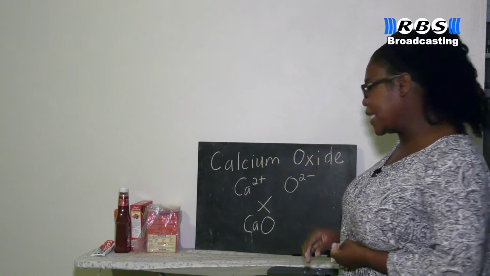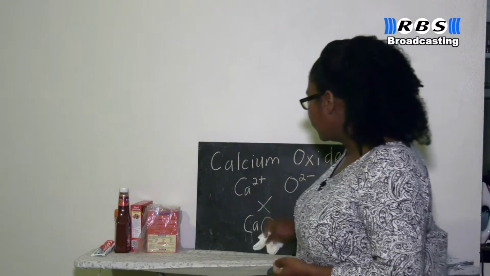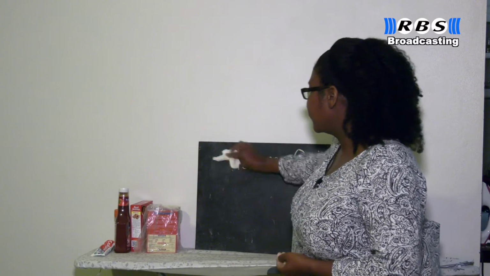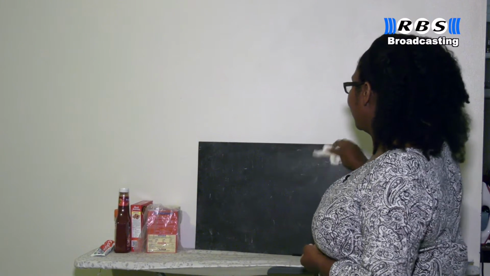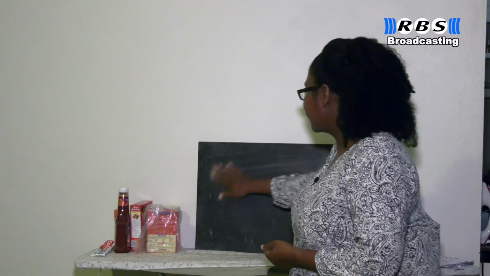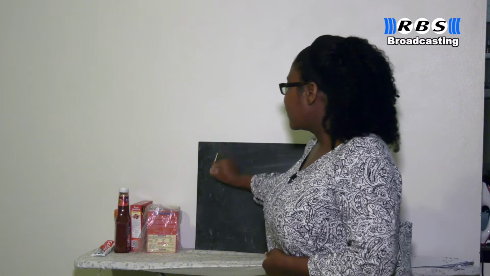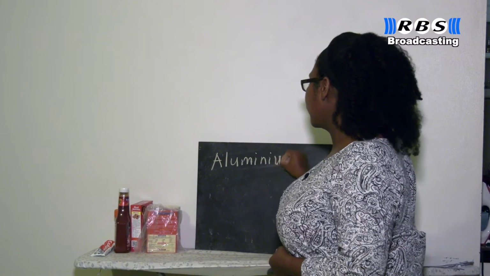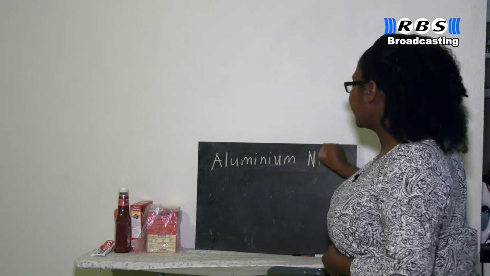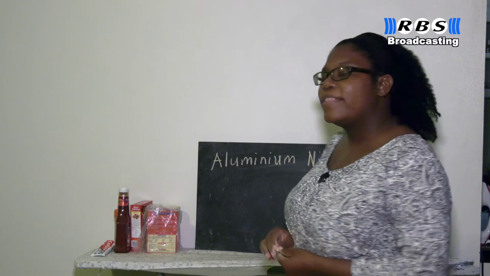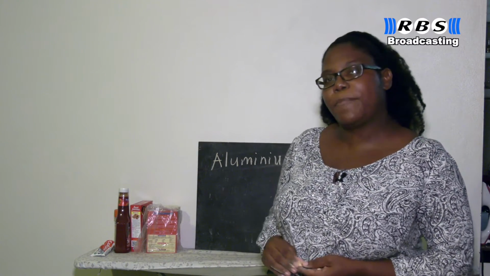Let's take another example. Aluminum nitride. The aluminium ion is Al3+.